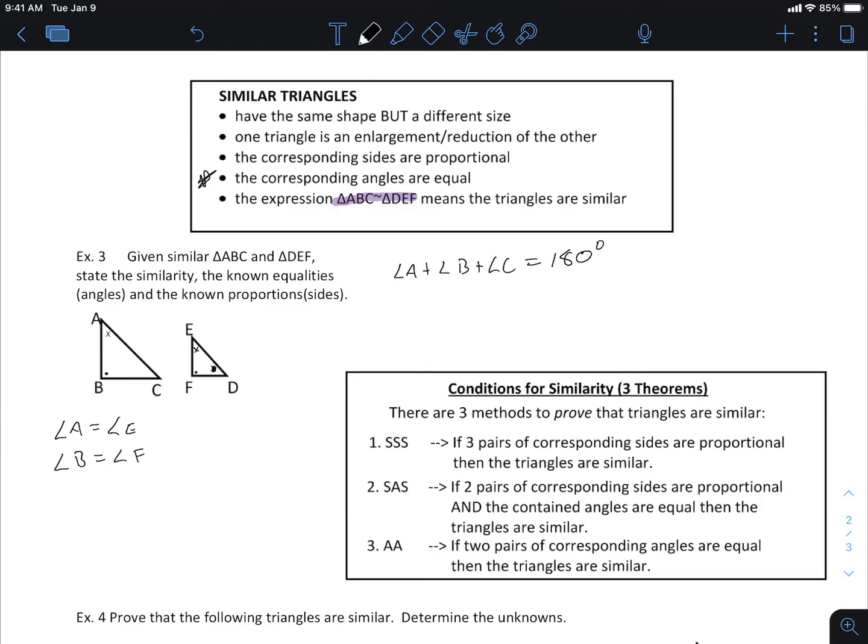Okay, so the same must be true for any triangle, right? And so angle E plus angle F plus angle D also has to equal 180 degrees.